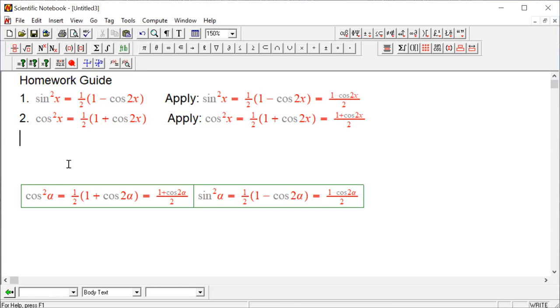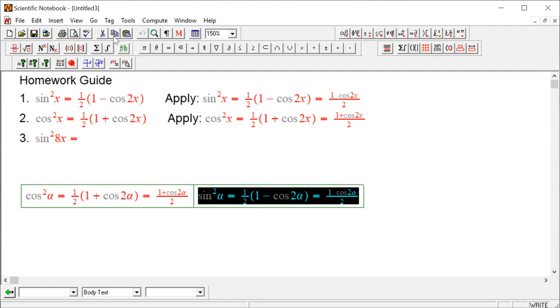So let me show you number 3. Just a little bit complicated. So we have sine squared of 8x. We want to reduce the power. So of course, once again, this formula would apply.